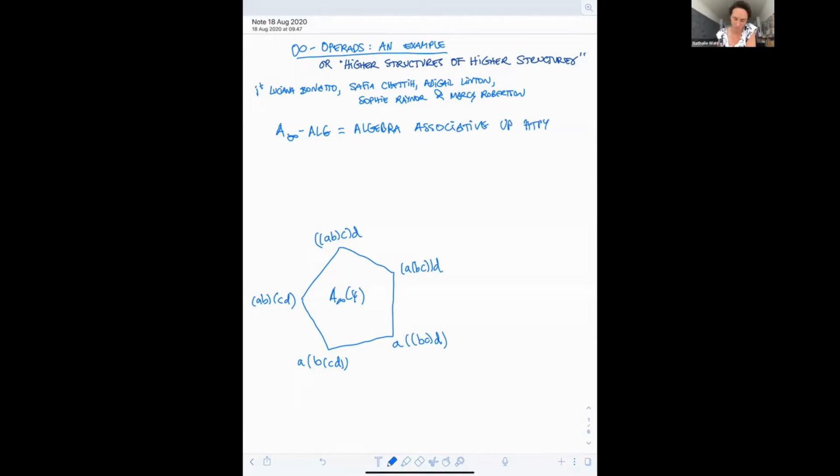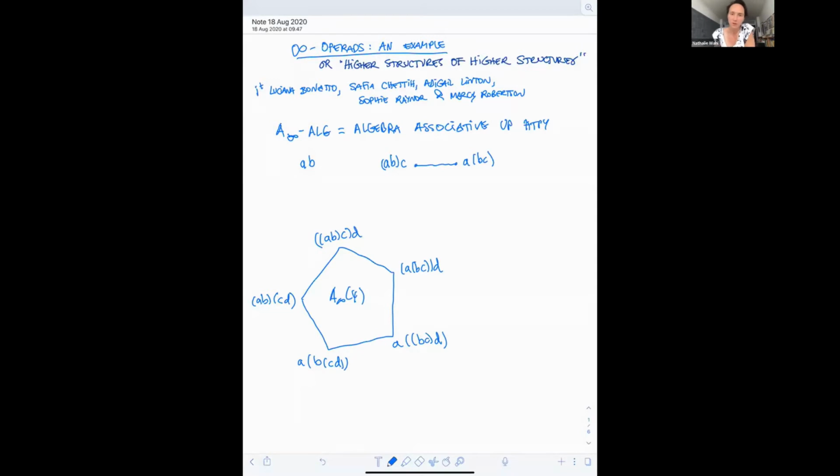So what does this mean? It means that when it's an algebra, there's a way we can do a multiplication. If I have two elements, I can multiply them. But if I start multiplying more elements, A, B, C, I could do it two different ways using my multiplication, and these need not be equal, but I'm requiring that there is a homotopy between two such guys.